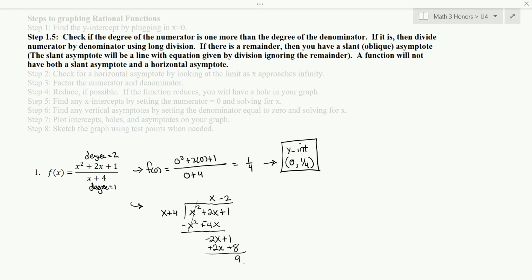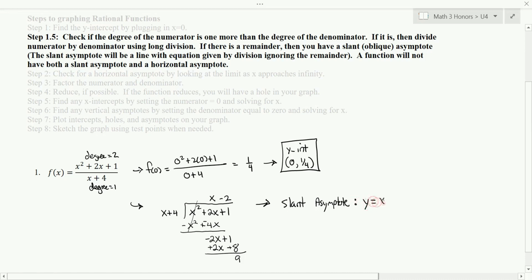The slant asymptote will be a line with the equation given by the division here, ignoring that remainder. So from here we can say we have a slant asymptote, if you want to write SA, I'm okay with that, at y equals x minus 2.